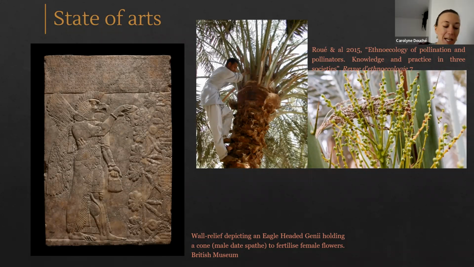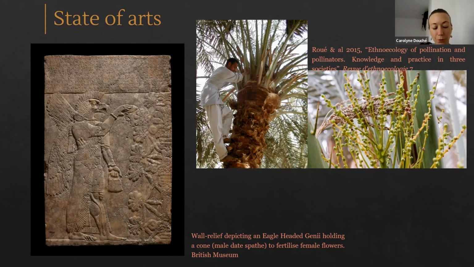So Mesopotamians and Egyptians knew pollen very well since they were using it to cultivate the very famous date palm. The date palm is dioecious, meaning that male and female flowers are located on different trees, even if it's not botanically correct.